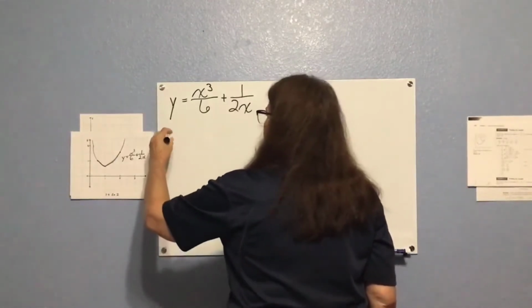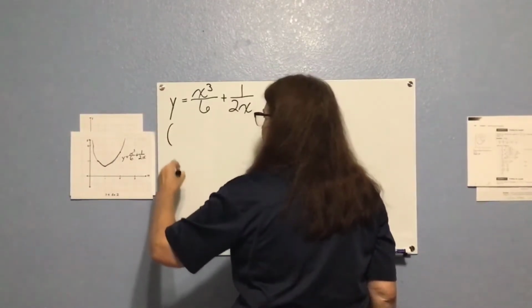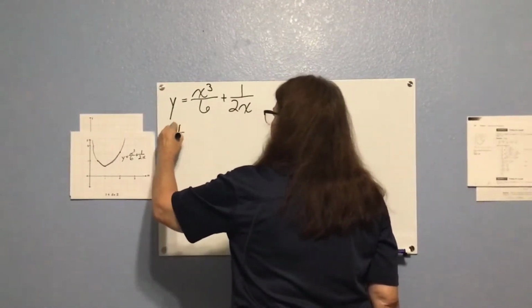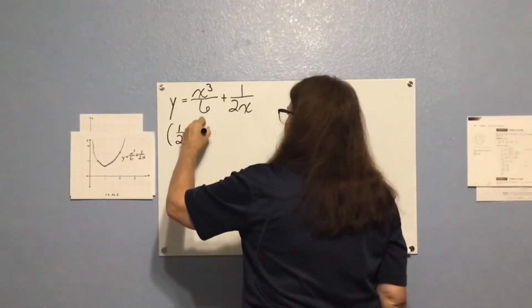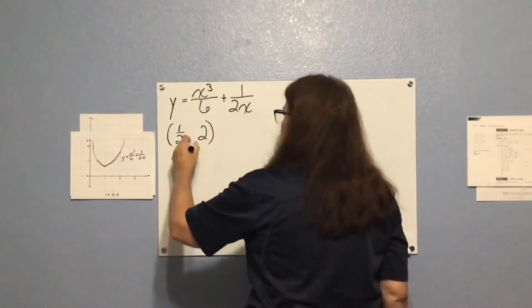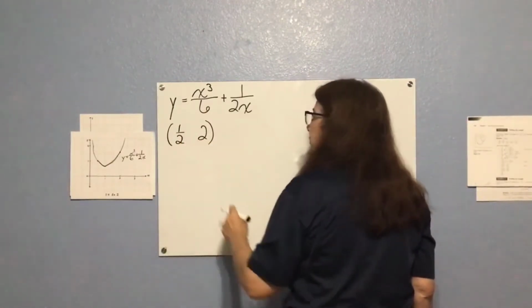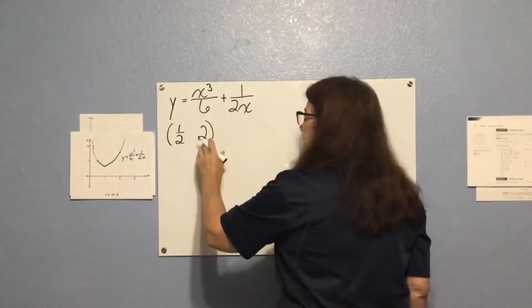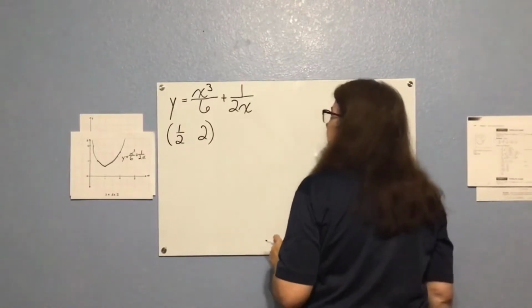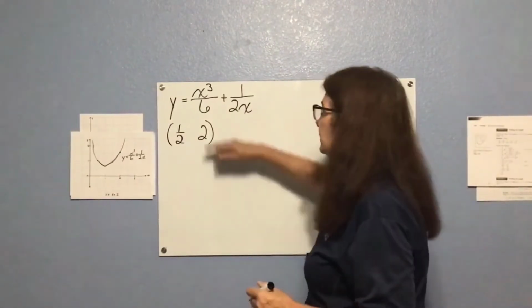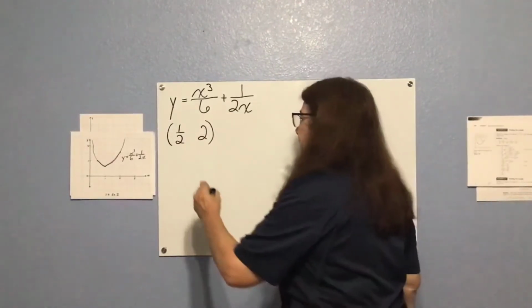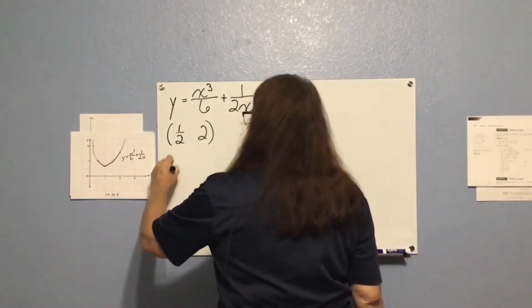And our limits are going to be from 1/2 to 2. Okay, notice this is not an ordered pair. This is just our limits of integration. Before we can integrate, we need to find the first derivative of that. So let's do that now.